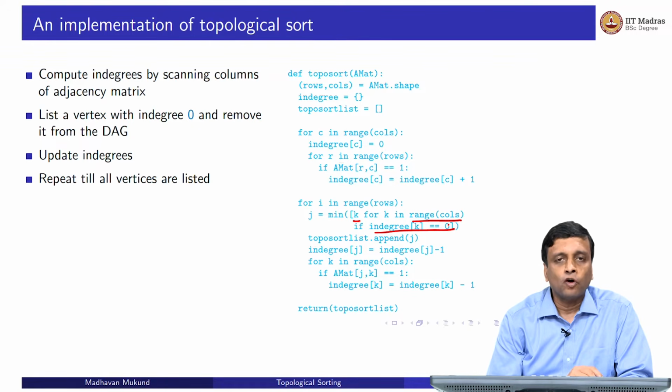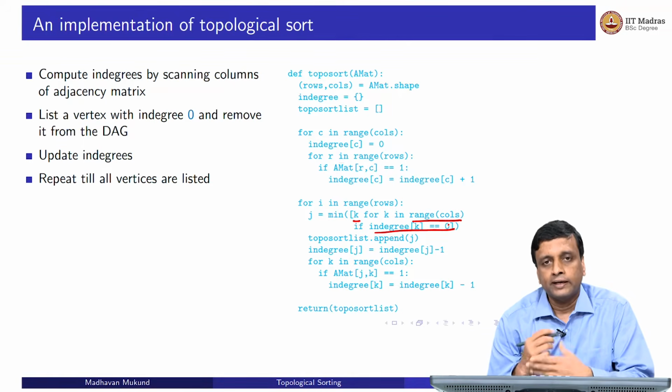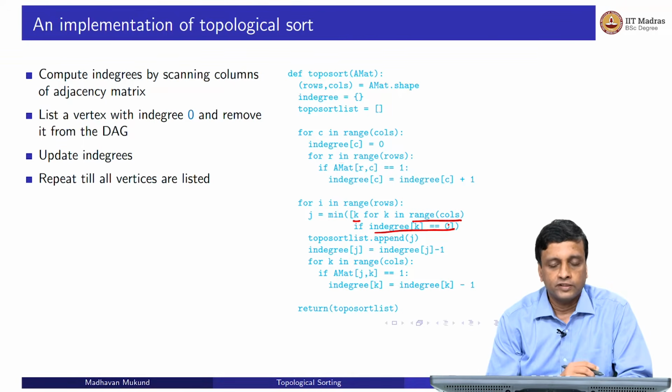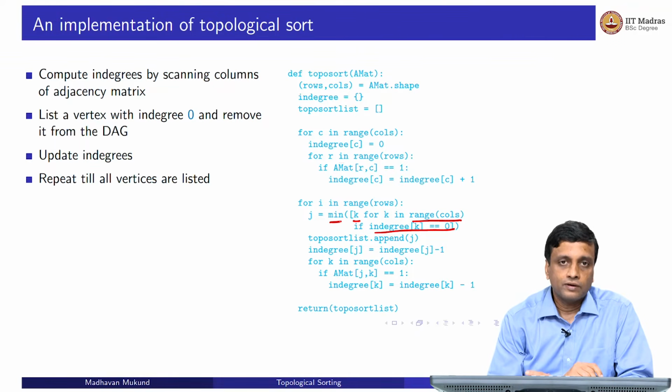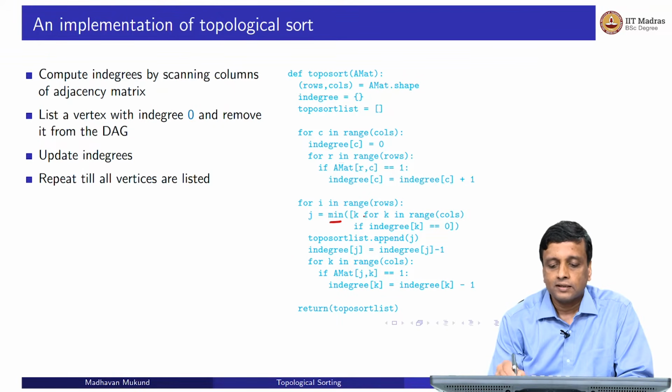So this is the list of all k for which in-degree is 0, and in this case we said we had a choice, so we are making now a choice to take the smallest of these vertices. So we take the minimum over this list, right? Remember that a DAG will always have such a vertex, so this list will always be non-empty. So I find this list of vertices whose in-degree is currently 0, I pick the minimum one and call it j, right? So j is going to be my next vertex to be enumerated.